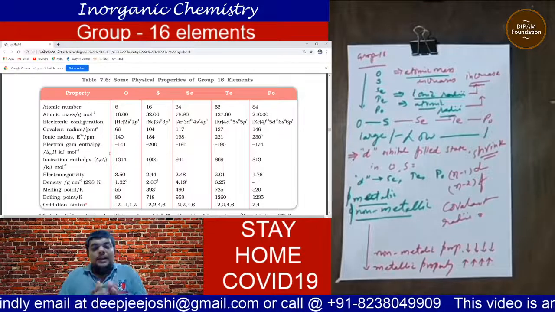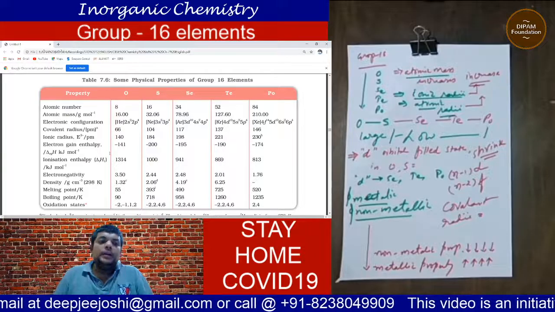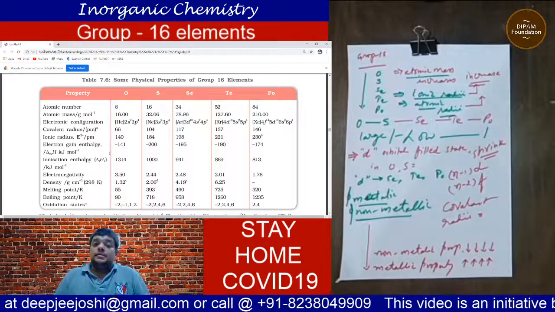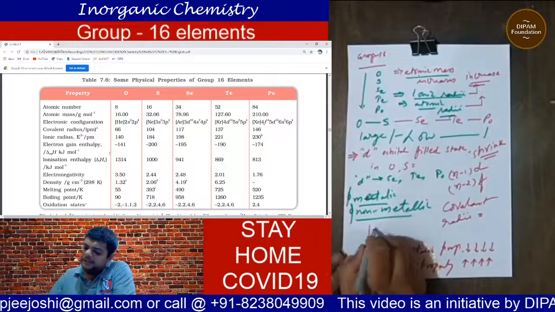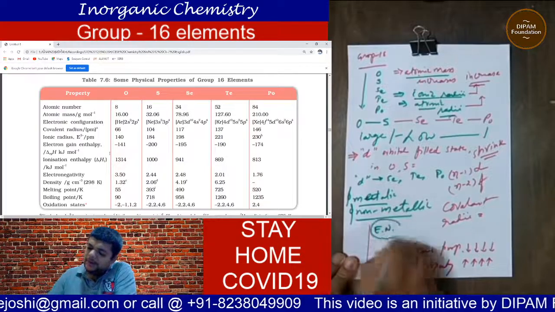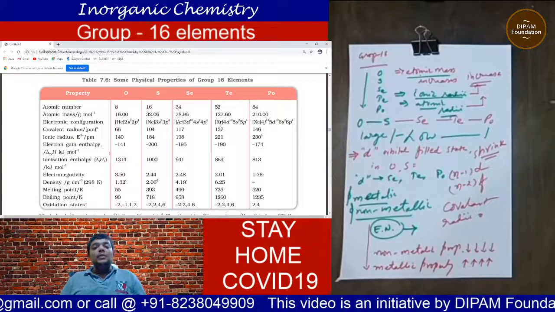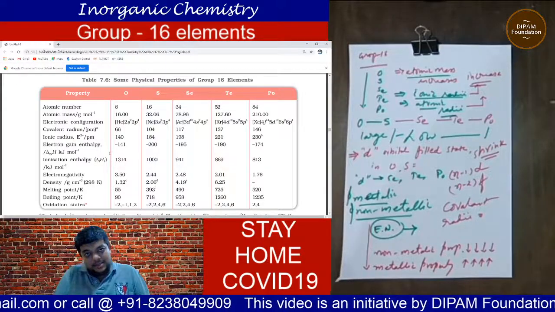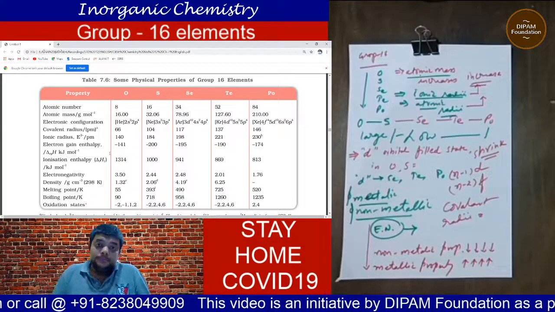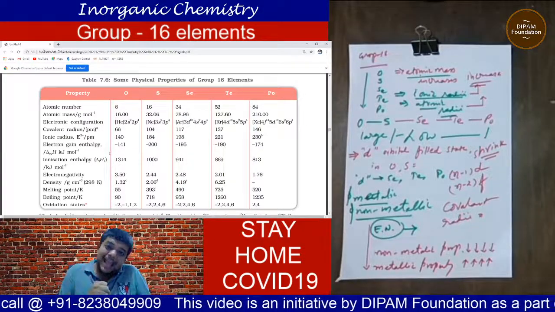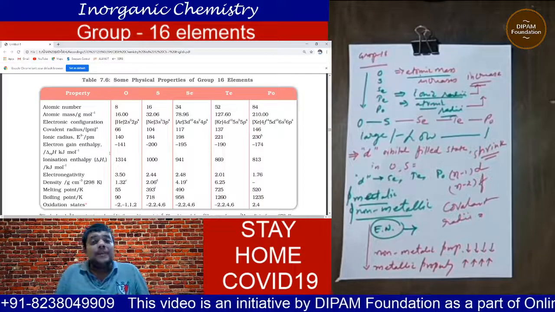So once we are done with atomic mass, atomic radii, ionic radii, and the property of being metallic and non-metallic, let us take straight away a very small property of electronegativity. We know that as the radii increases, it is difficult for an atom in a shared molecule to attract the shared pair of electrons towards itself.